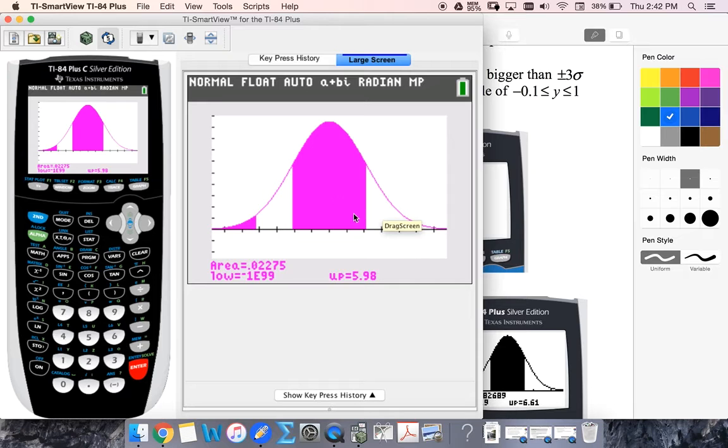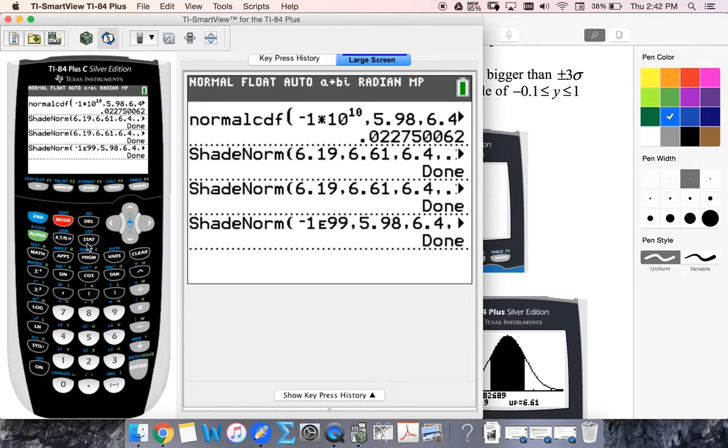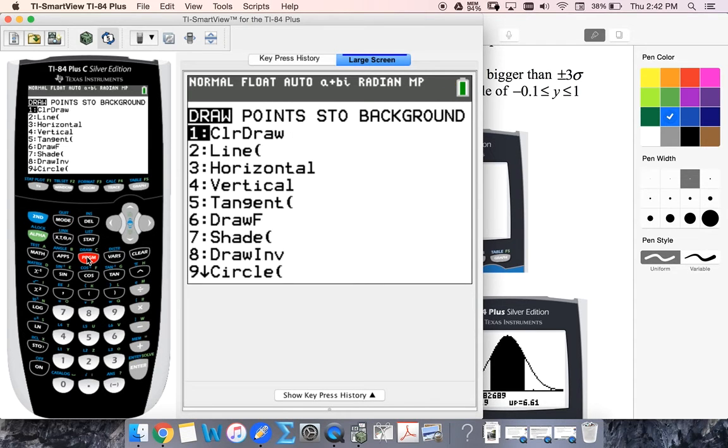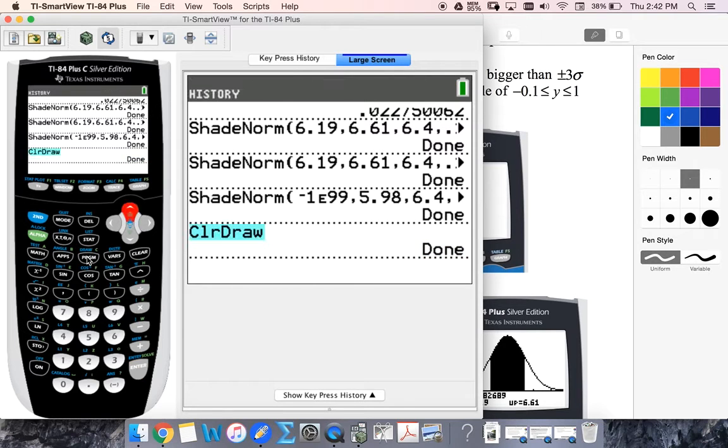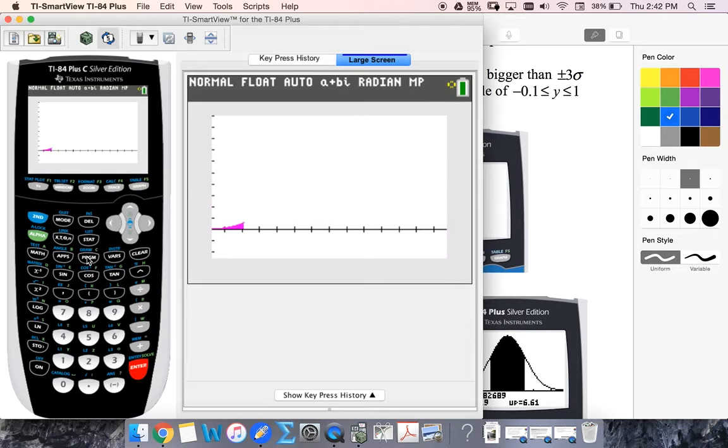So if I don't want to see this picture anymore, then what I need to do is go into draw. So that's second program, and then clear drawing and enter. And now if I repeat this command, I'm just going to see my one picture.